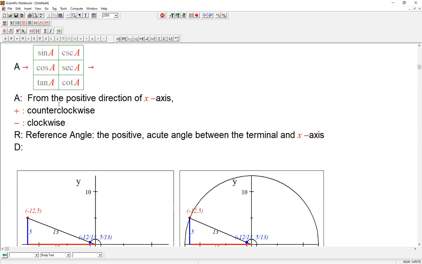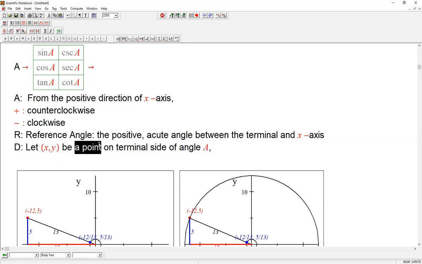The definition is about how sine A is defined, cosine A is defined, tangent A is defined, etc. When we define it, we say let a point x comma y be a point on the terminal side of the angle A. What does it mean?